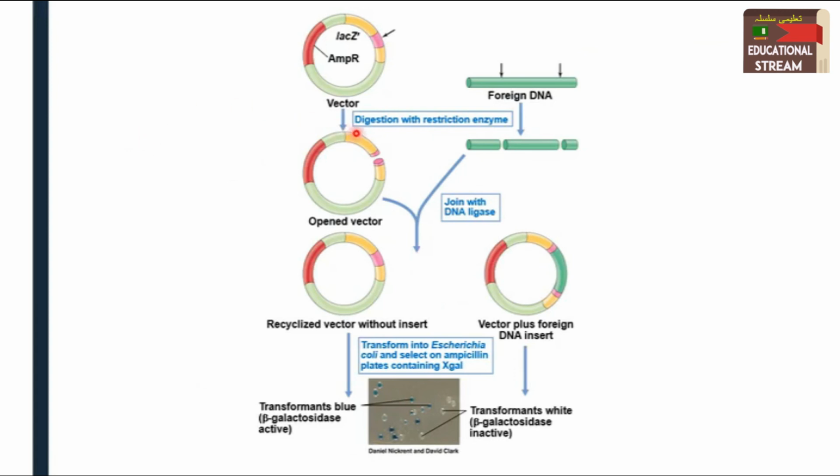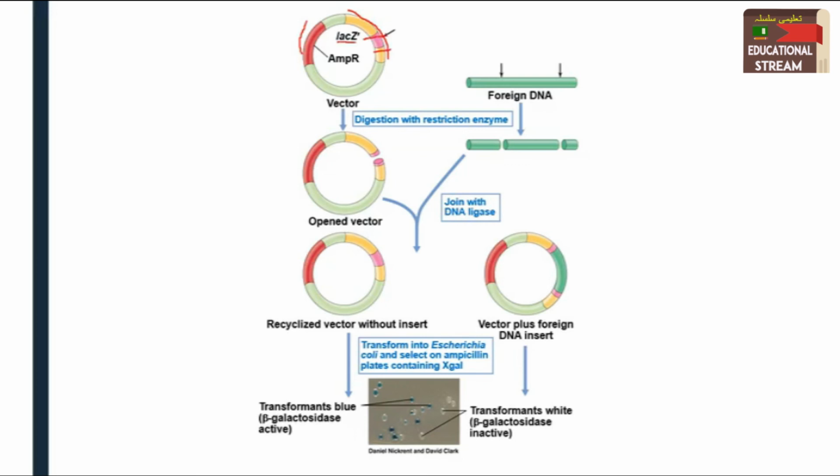Sometimes the cloning vectors, in addition to the ampicillin resistance gene, which provides the selection process, have another selective gene also present, within which the restriction sites or multiple cloning site is located. That gene is known as the LAC-Z prime.